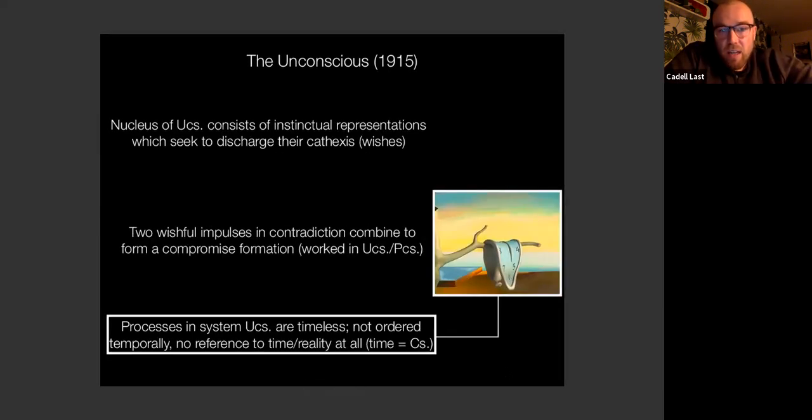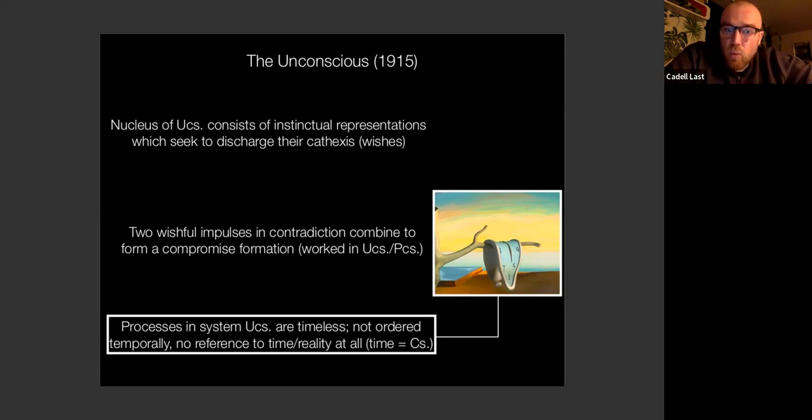The nucleus of the unconscious consists in instinctual representations which seek discharge of their mental concentration, the cathexis, or the wishes. This is connected to the idea in Freud that the unconscious is a wish fulfillment, that the unconscious has a deep relationship to desire.